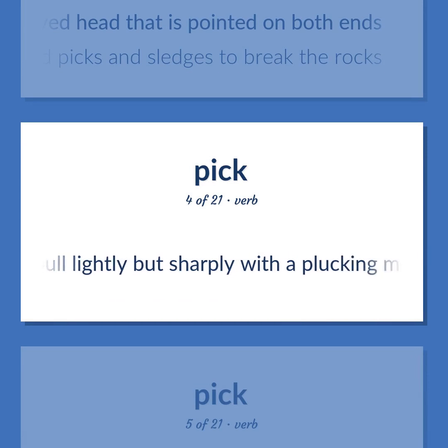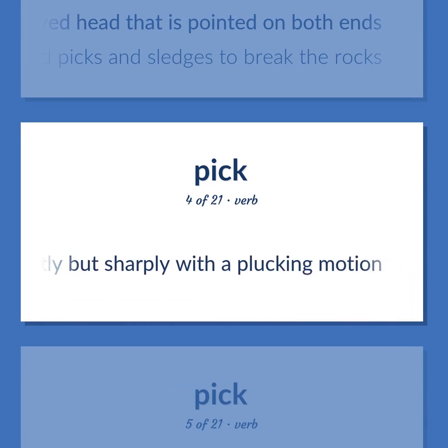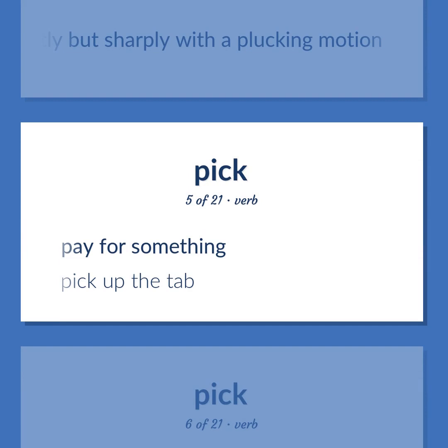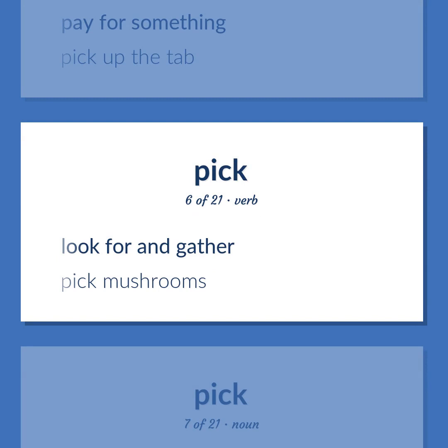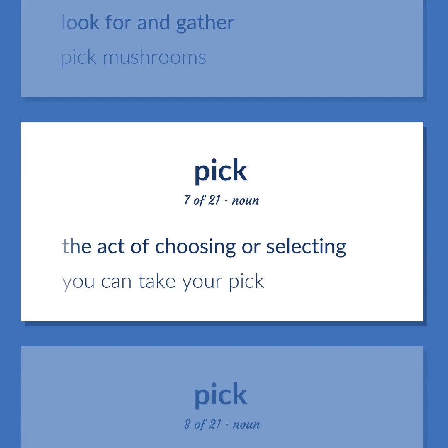Pull lightly but sharply with a plucking motion. Pay for something. Pick up the tab. Look for and gather. Pick mushrooms. The act of choosing or selecting. You can take your pick.